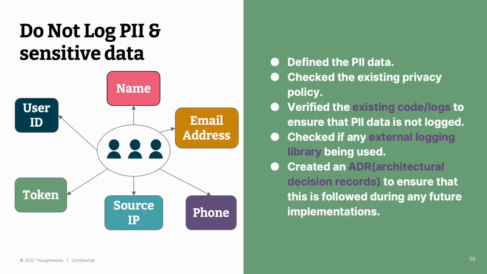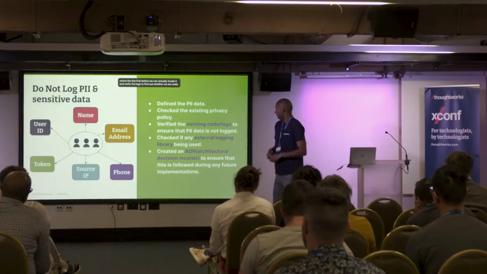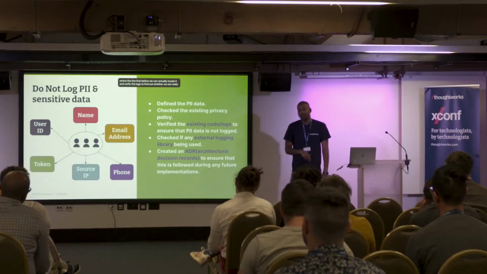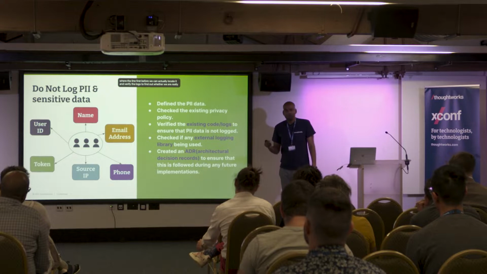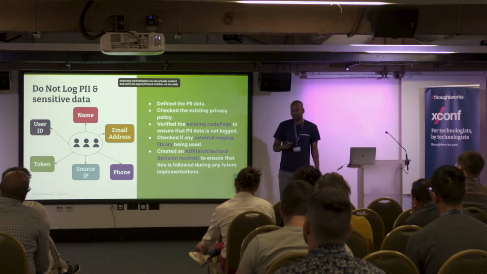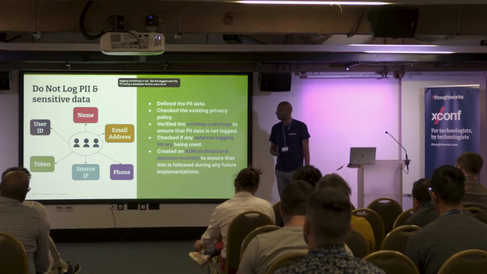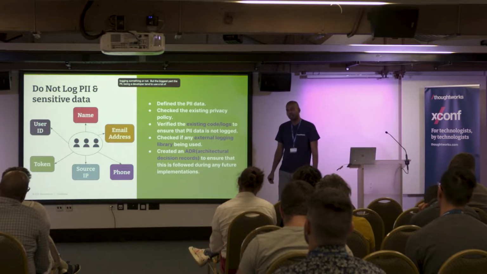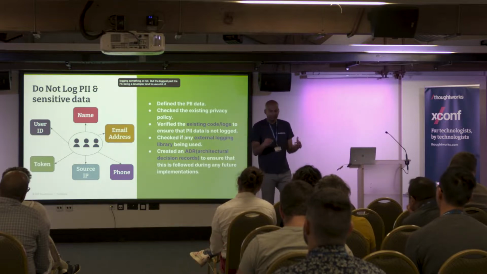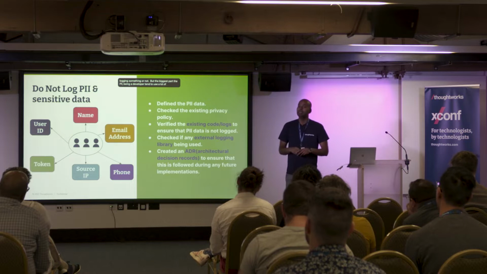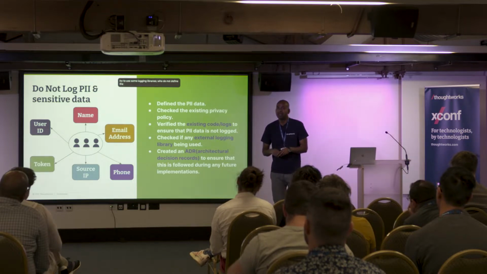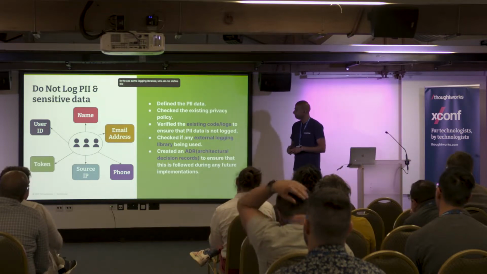Once we had that, we verified our logs to find out whether we were really logging something or not. One of the trickiest parts with PII is that we as developers tend to use a lot of libraries. That's pretty common. And sometimes we use logging libraries that do not state in their documentation that they are going to log PII, but they do. And you really have to be careful with that.